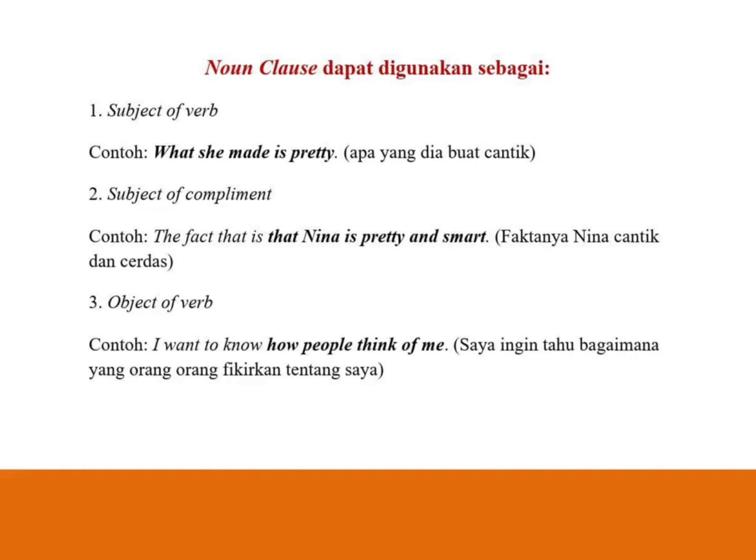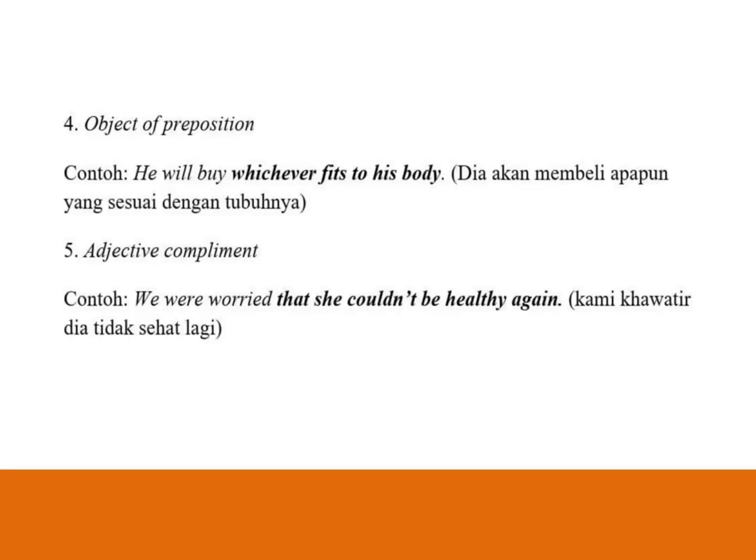I want to know how people think of me. Next, object of preposition. For example here, he will buy whichever fits his body. The last, adjective complement. We were worried that she couldn't be healthy again.